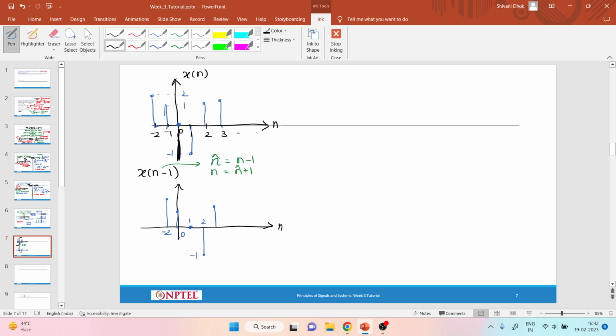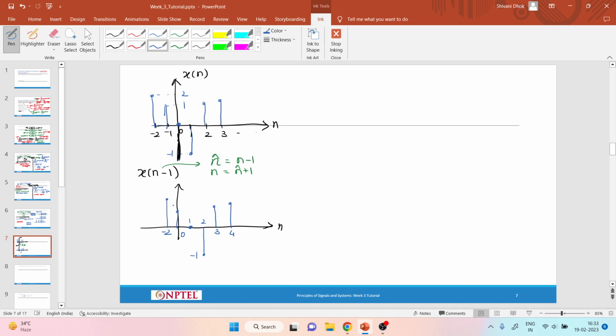At 4, I'll have again 1. So you're shifting the whole sequence by one step to the right.